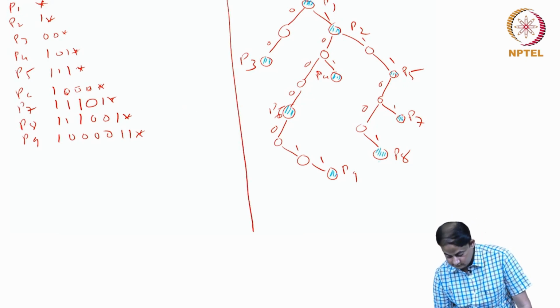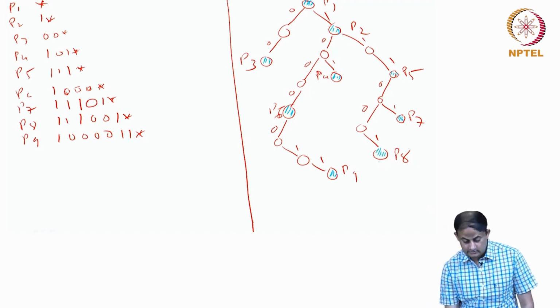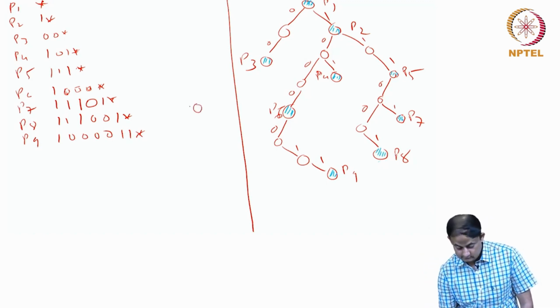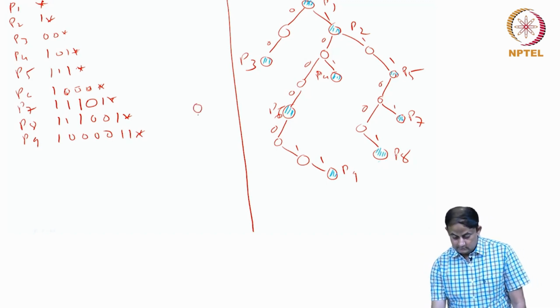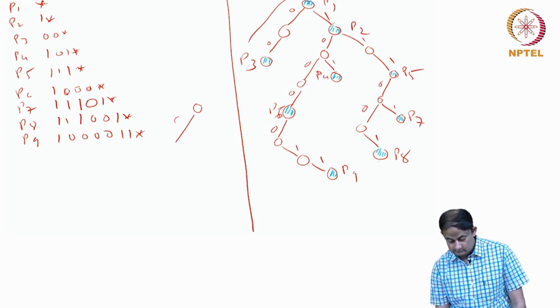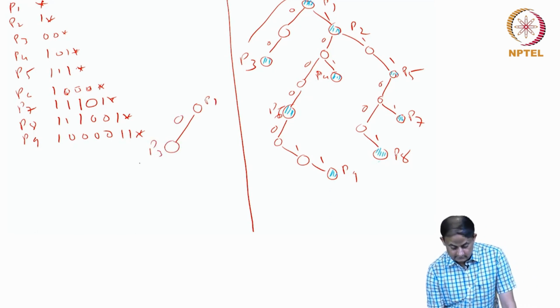Let me do it here. And as usual, if I take this path, then I can get rid of one unit node. This is my P3, this is my P1, and the skip value is 1 and the segment that is skipped is a 0.